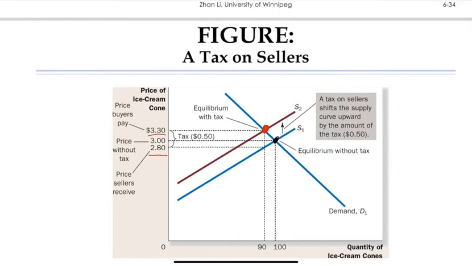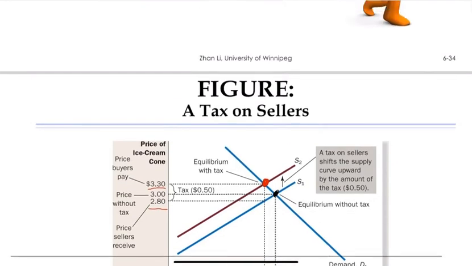Now, if you compare these two cases, a tax on buyers would shift the demand curve. A tax on sellers would shift the supply curve. However, you can see that the price and the quantity are the same, right? Under both cases, buyers have to pay an additional $0.3. And under both cases, the price received by sellers decreases by $0.2.